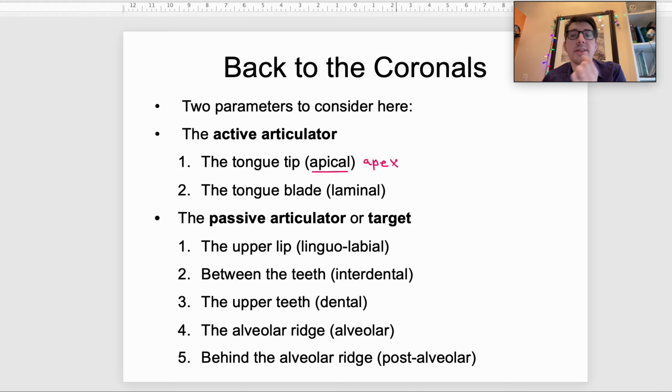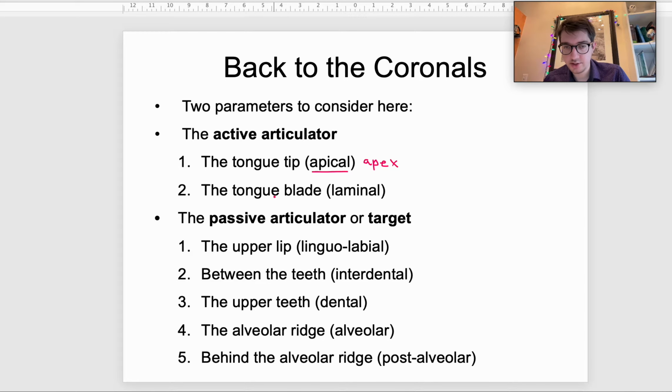I won't touch it right now, but it's right there. And apex comes from Latin, which means the tip or peak, hence the sound called apical. And this is one of the active articulators.